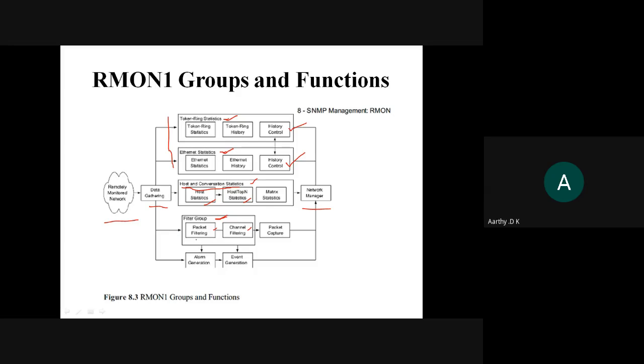It filters by performing a Boolean operation. What will the Boolean operation be? It will be XOR or an OR operation. So it will perform filtering of the incoming packets by a Boolean operation, XOR.